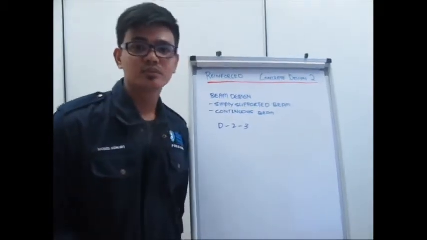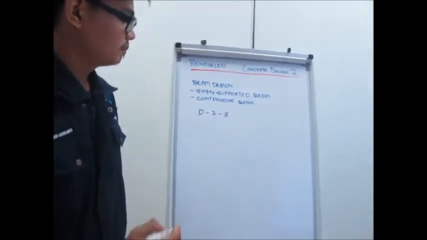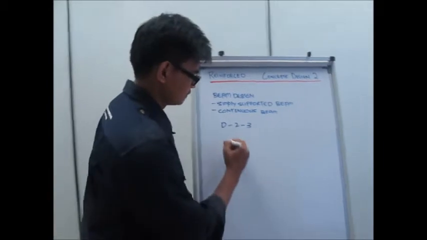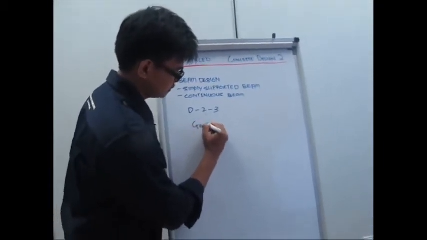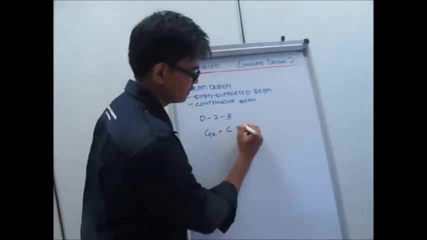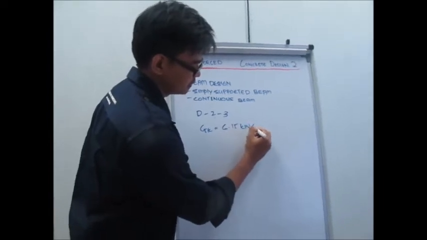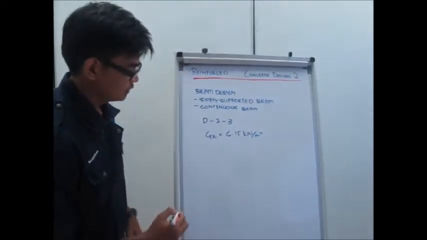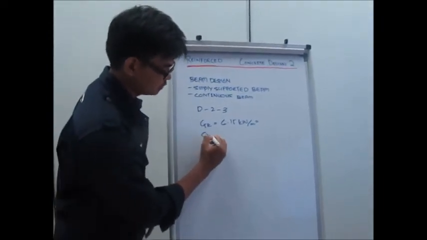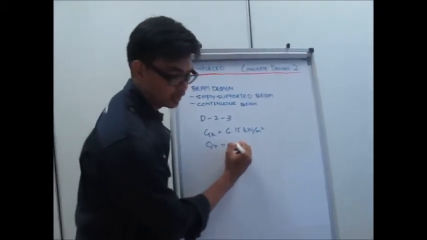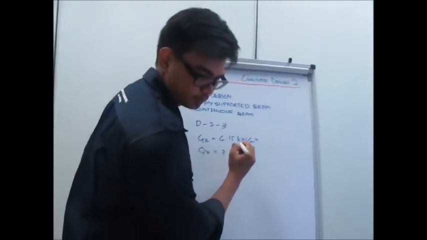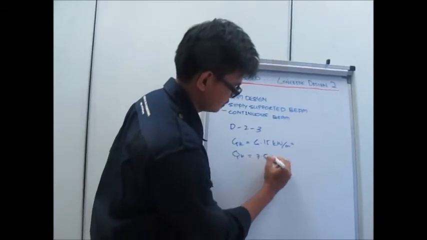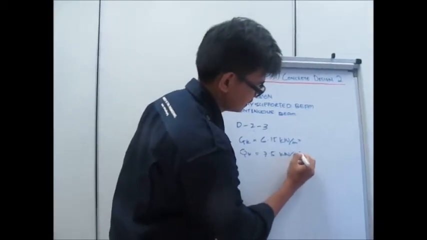At the M&E room we have permanent action Gk equal to 6.15 kN per meter square, and the variable action Qk equal to 7.5 kN per meter square.